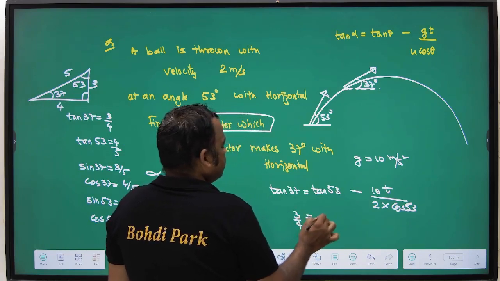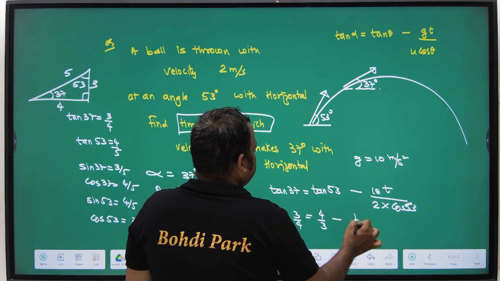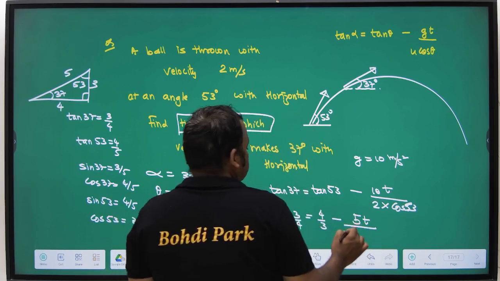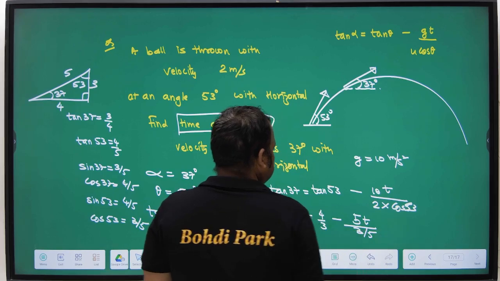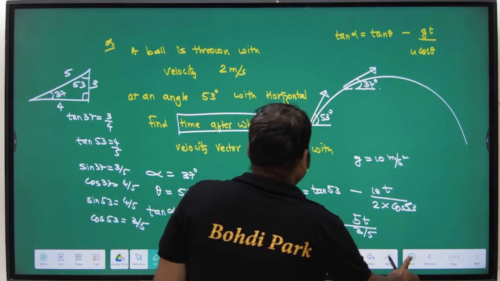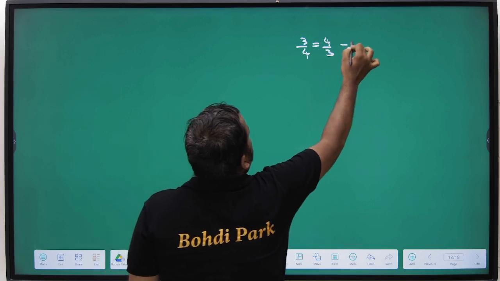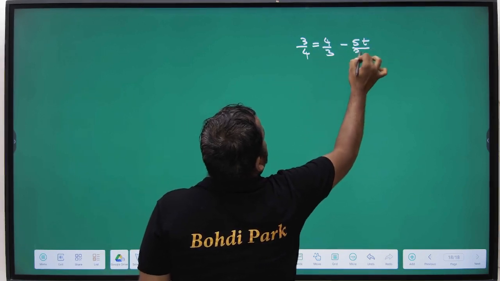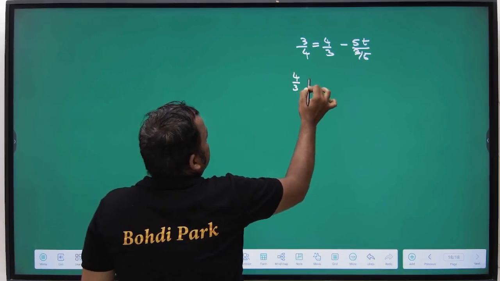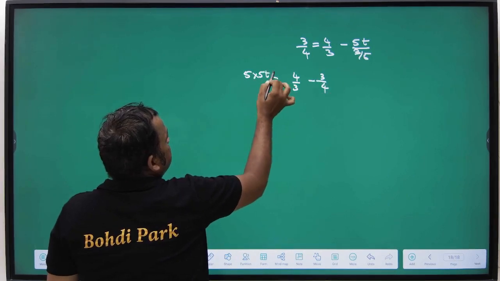So let's solve this equation. 3 by 4 is equal to 4 by 3 minus 5 into t divided by cos 53. Cos 53 is 3 by 5. So 4 by 3 minus 3 by 4 is equal to 5 into 5 into t by 3.